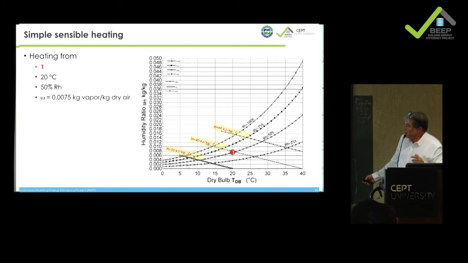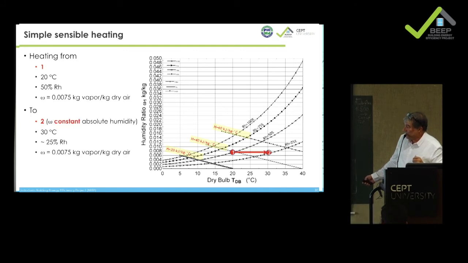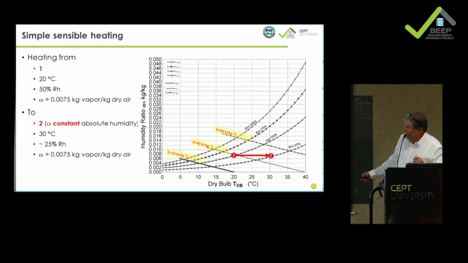And then if we say from this point we are going to heat up to 30 degrees and 75, you see that what is important to realize is the relative humidity is going to change even though we are only heating. We are not adding or removing vapor. The water vapor remains constant in absolute value.